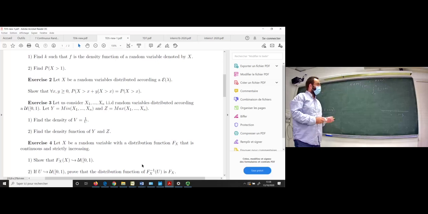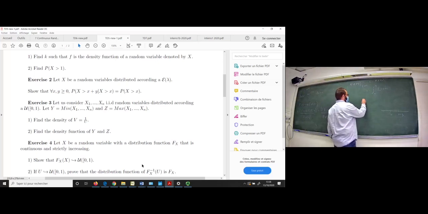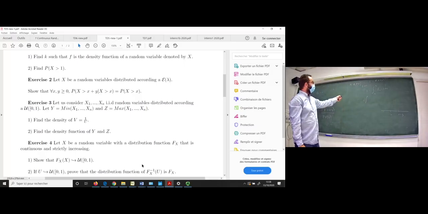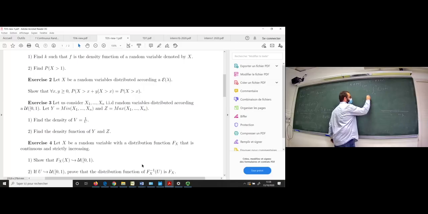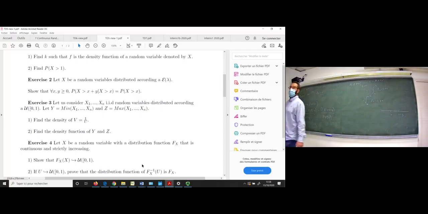I can also check directly that this difference may be written as an integral. I want the probability to be strictly greater than z, or greater, whatever. It's the integral between z and plus infinity of the density function. It's exactly the same as what I obtained. My question is, because it's continuous, we can directly use this one, right?